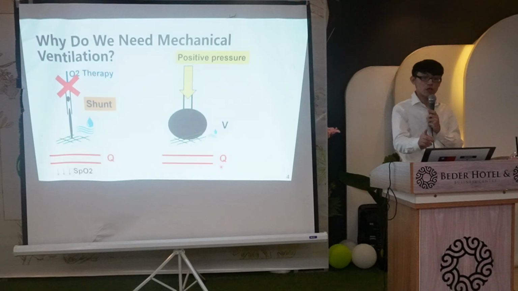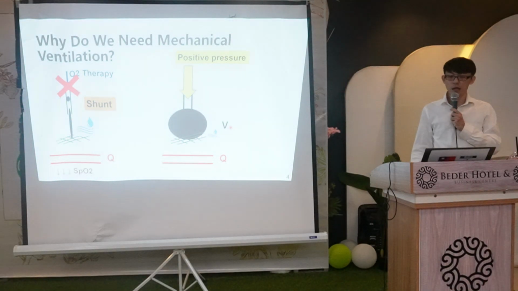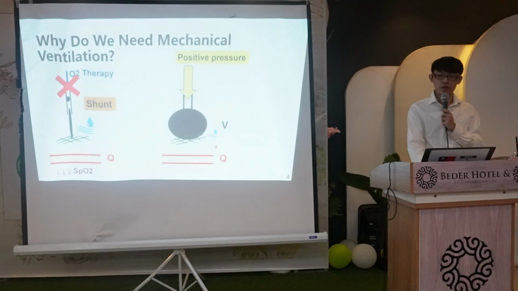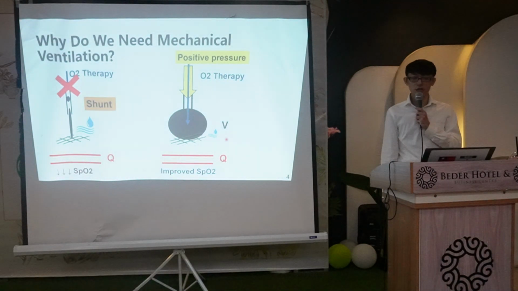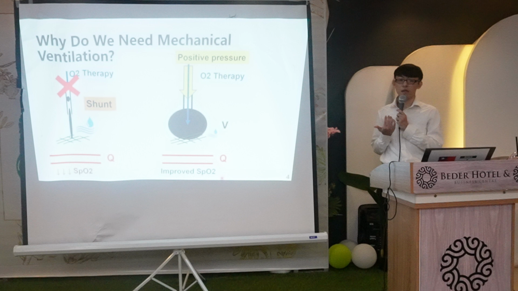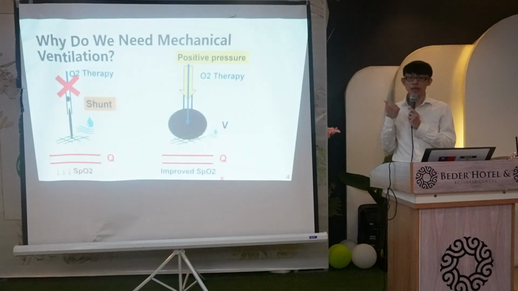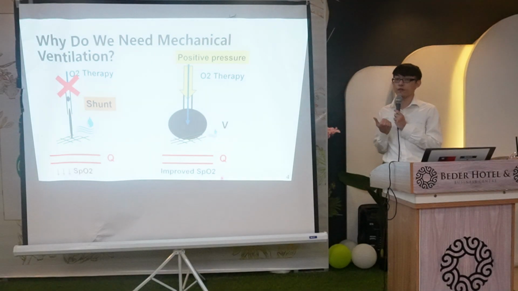So we use positive pressure to expand the alveoli and restore ventilation. Now ventilation and perfusion are matching, and we concurrently give oxygen therapy to improve saturation. That's why this is our today's topic: we like to use positive pressure in these severe cases.